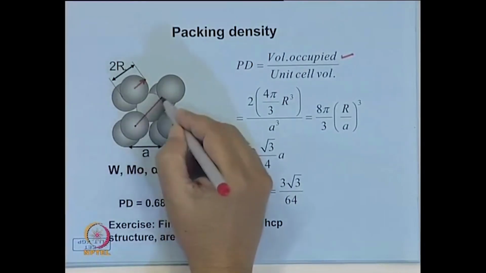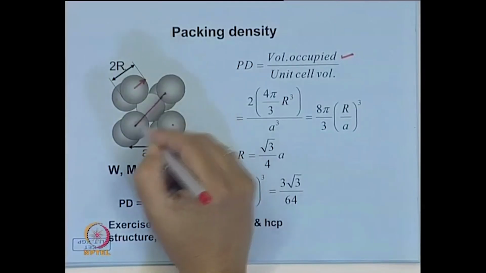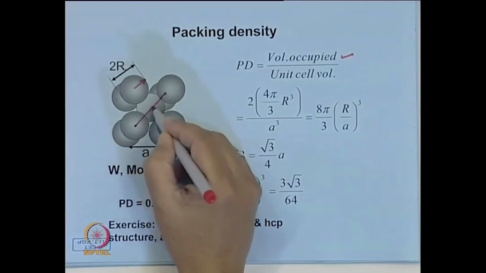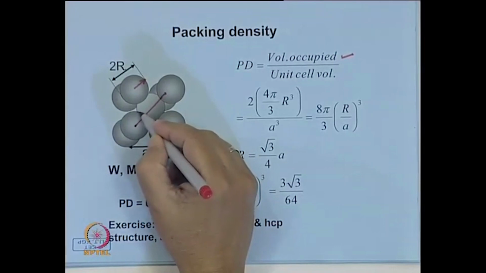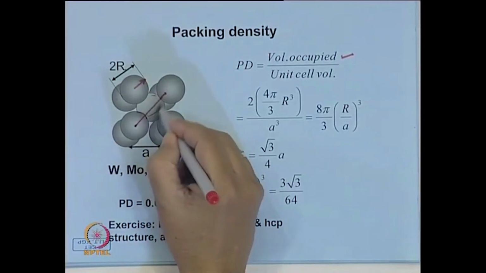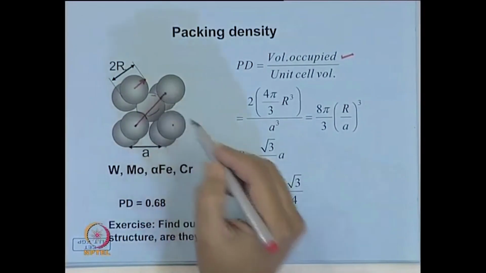So, in the diagonal direction from this point to the other corner at the back, you have part of this atom, the whole of this, and a part of the other atom.